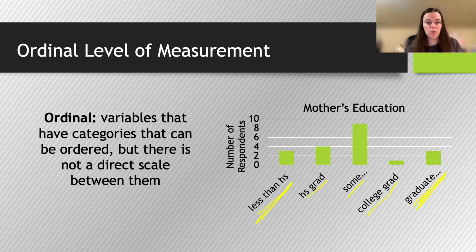Now, theoretically, we could reorder these bars and mix them all up, but it wouldn't make the most sense to us to put graduate level education here on the second bar and move high school grad to the 4th, right? We want to make sure that our statistical information is as readable so that we can both communicate that information to our readers and our broader audience, but also this allows us to see some trends as well.